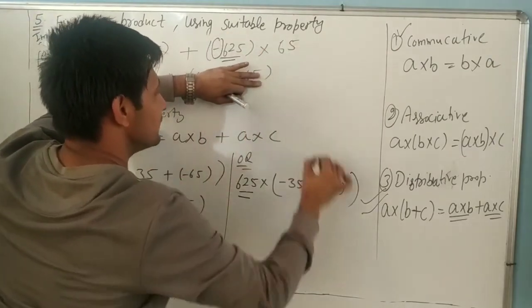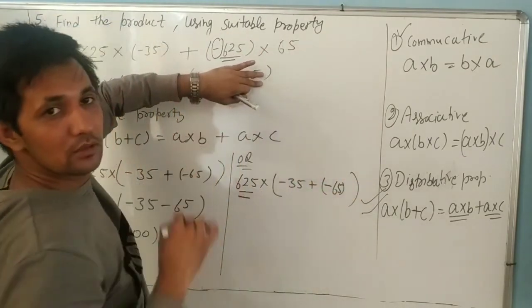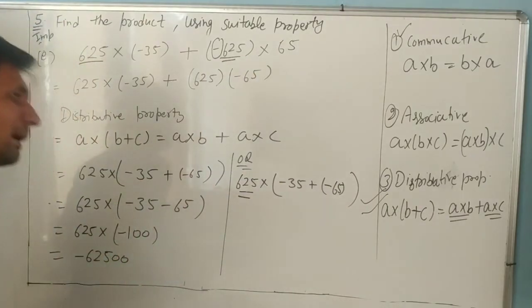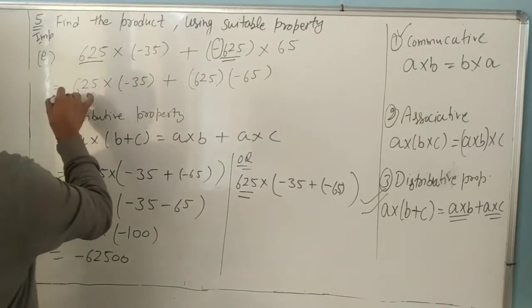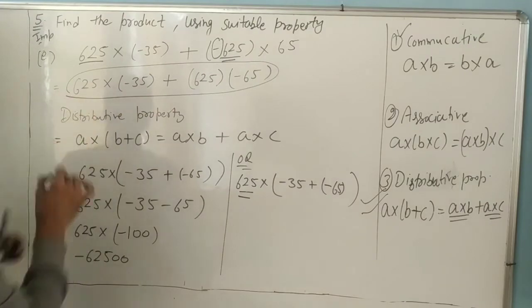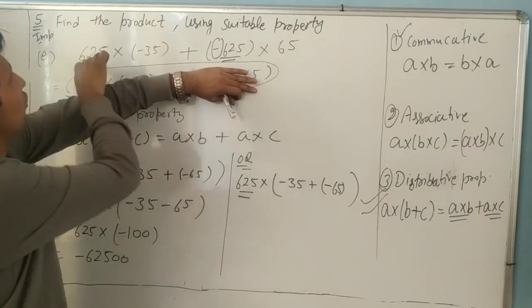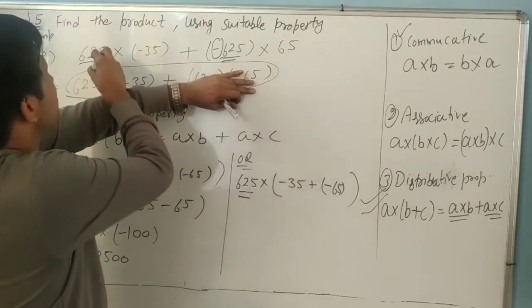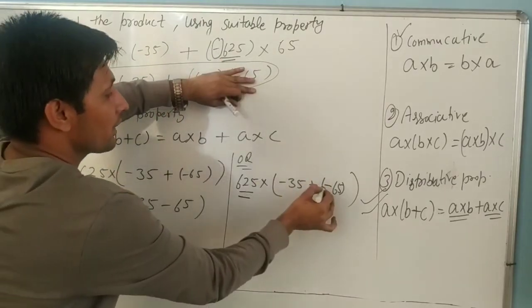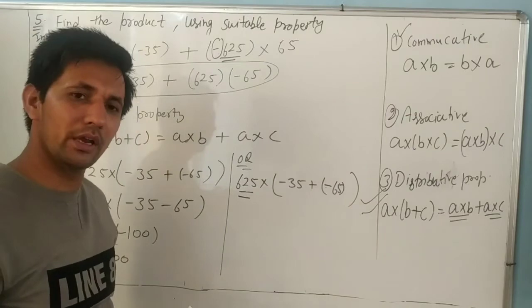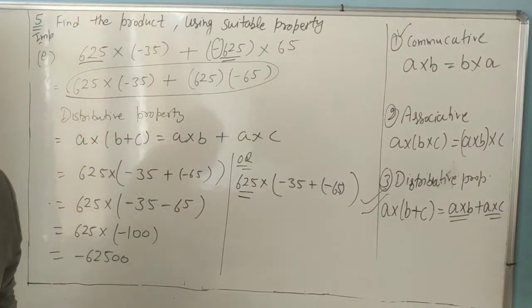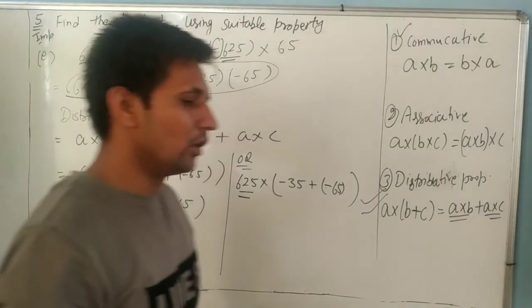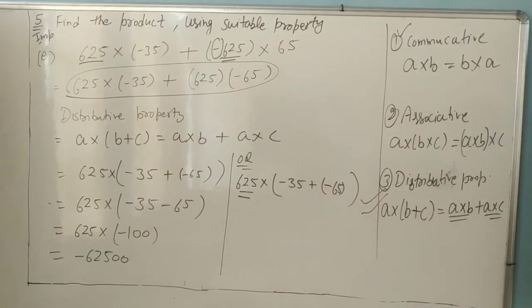Negative. And 65 also, same as it is. By any method you can do. You can take 625 as common. What remains? Minus 35. Now plus, you take positive, but here negative also, so we will write negative and 65. Okay dear. Note it down. Rest of the parts you have to do yourself, of the fifth question.